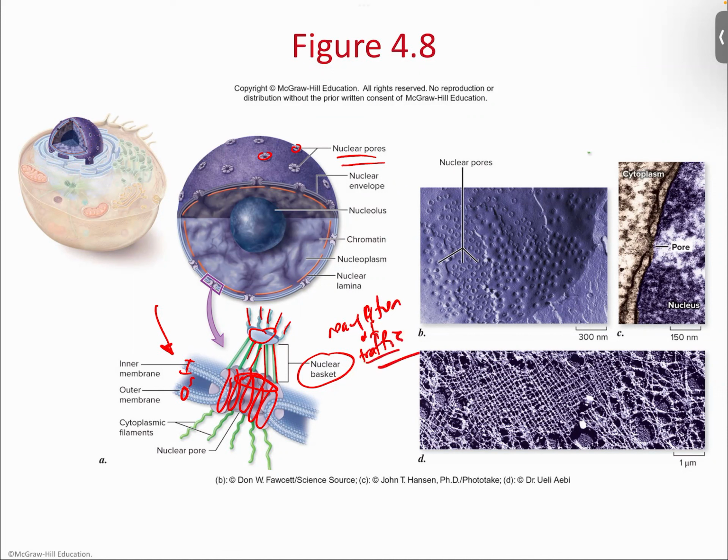You can think of it as a doorway guard, somebody guarding the doorway to the Oval Office so that you can't just blow right on in there. And on the cytoplasmic side, you'll see more little cytoskeletal fibers that connect to the outside of the cell itself. That way your nucleus is anchored to the rest of the cell, so it's all in position, okay? It's not just random. But this allows for regulated traffic.